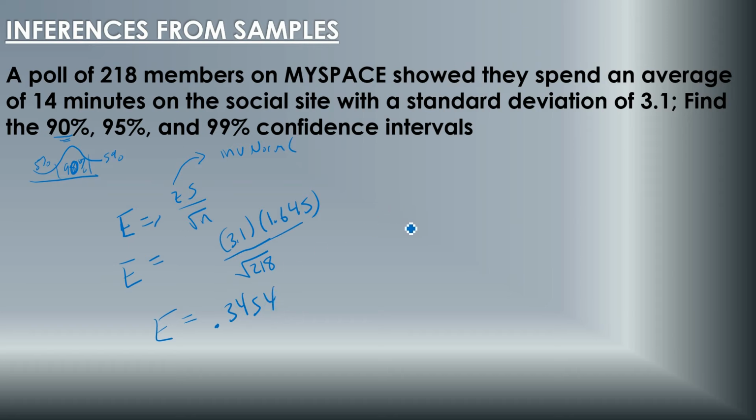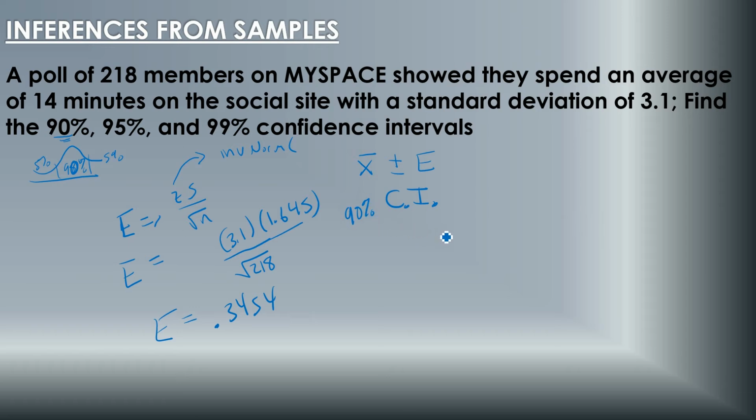Okay, so now to get my interval, I'm going to take my X bar, my sample mean, and add and subtract my error from it. And that's going to give me my confidence interval. And this is for the 90% confidence level.